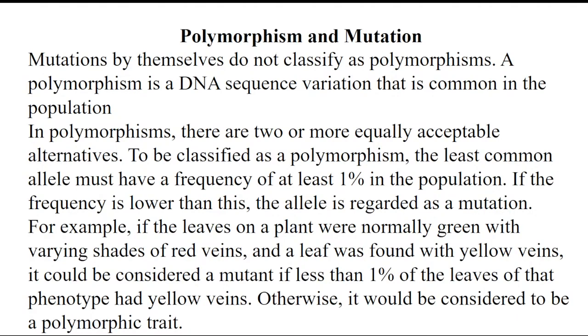Otherwise, it would be considered to be a polymorphic trait. So, as a result of this, you should understand which changes of DNA we call polymorphic traits. Only if the frequency of these genes is more than 1% in the population.